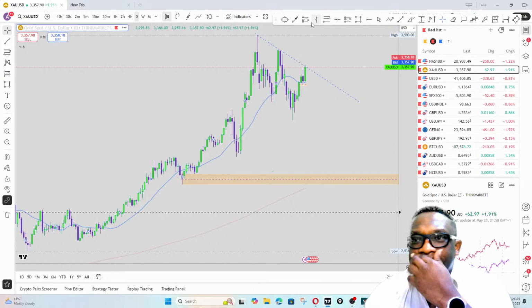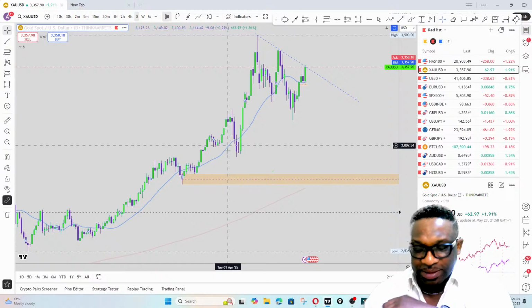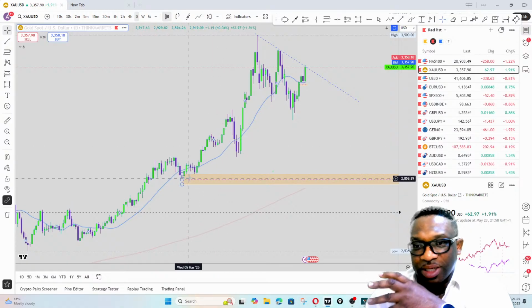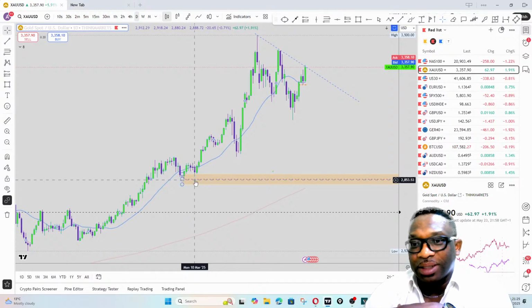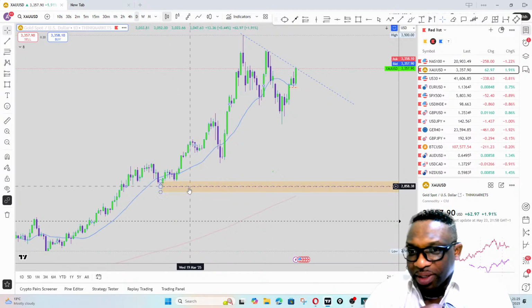So what I'm using here are institutional reference points, which they call order blocks or demand and supply areas. This area that I've already marked is an origin.